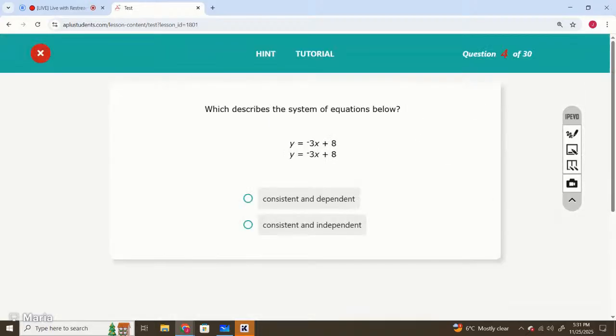Which describes the system of equations below? y equals negative 3 by 3x plus 8.